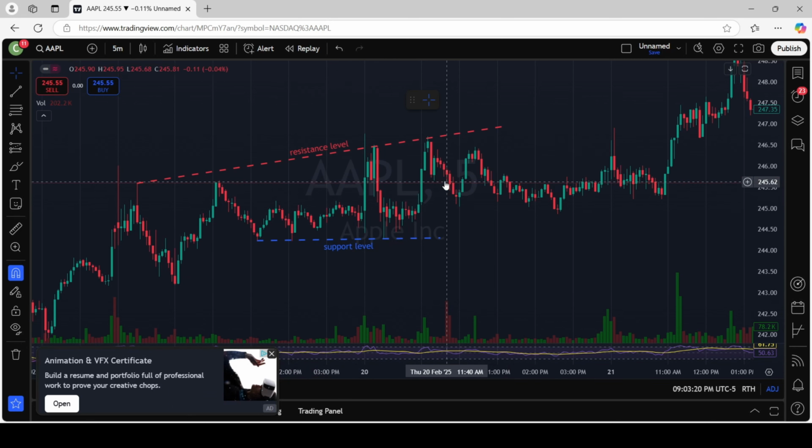All right. You can get a call on Apple, meaning Apple is going to go up in price and you make money. So you've got calls and puts on the stock options. Calls and puts. You can grab calls off this support level. You can grab puts off this resistance level.